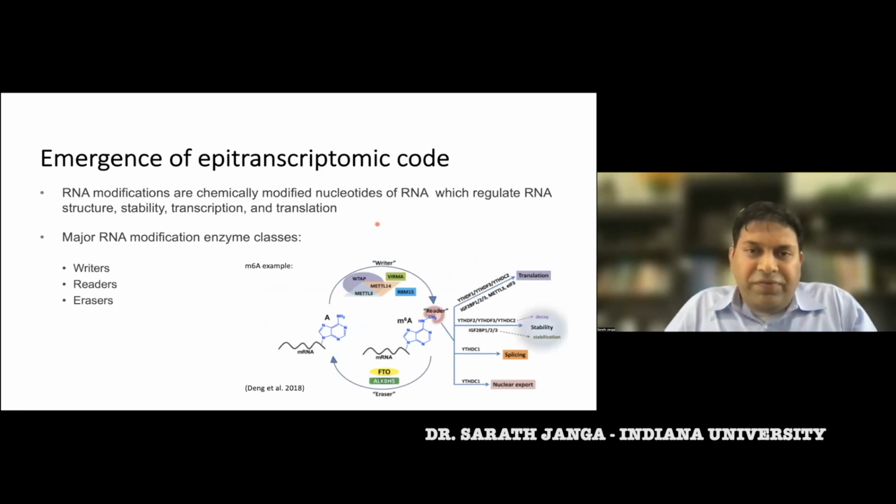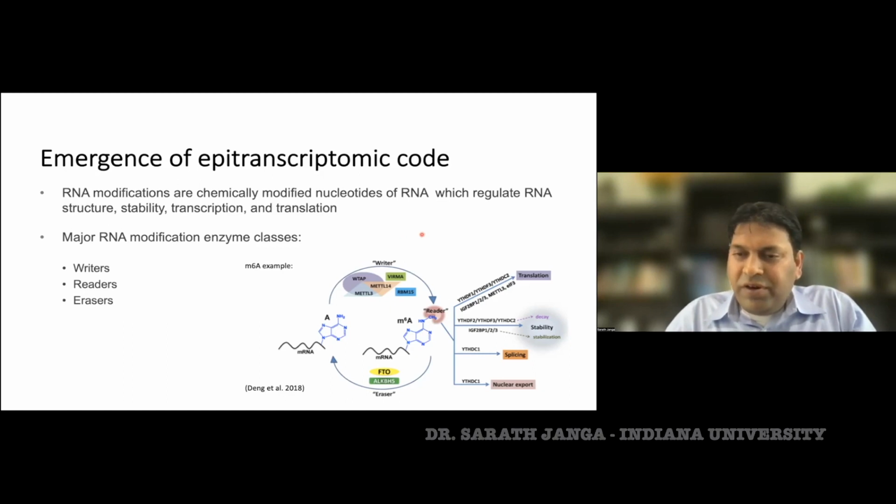Another aspect of this RNA modification world is the concept of the epitranscriptome, which has been heavily appreciated in the community for the past decade or so. This basically relates to the notion that RNA can be modified by the writer class of enzymes, while the erasers end up removing these modifications, and the readers sit on this modified RNA to facilitate different functional outcomes.